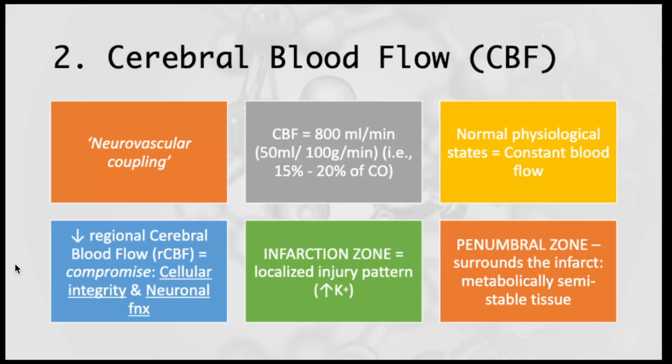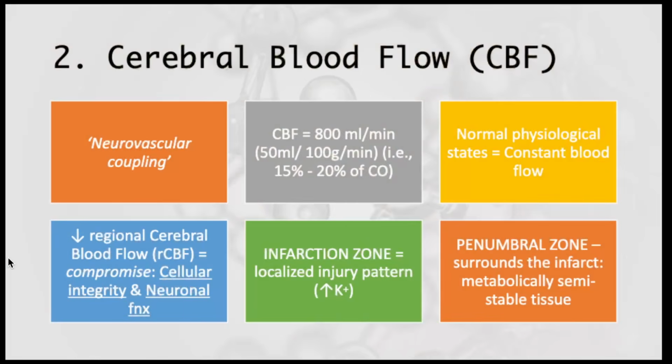And remember, because the brain is so highly reliant on oxygen as well as glucose, those run out very quickly. And if you're not using a backup like fat, if you can't undergo anaerobic metabolism, which the brain can't, you become ischemic very rapidly when there's a drop in regional blood flow. What does that then lead to? That then leads to an infarction zone, firstly, okay?